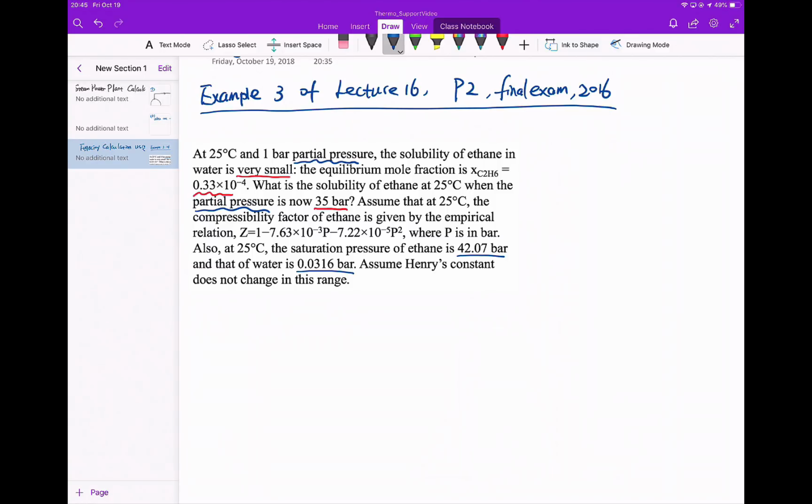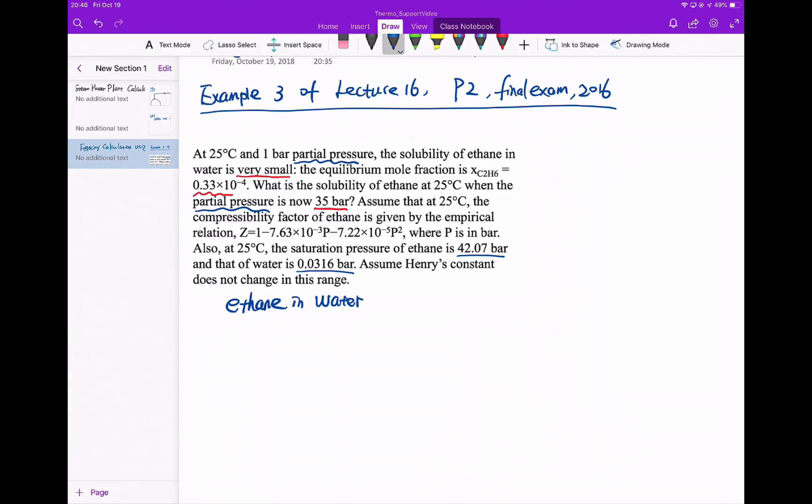Assume Henry's constant does not change in this range. So the pressure is changing from 1 bar to 35 bar, but we assume Henry's constant does not change in this range. So we need to calculate the solubility. This is a problem of ethane in water.